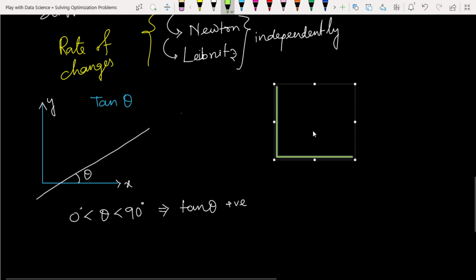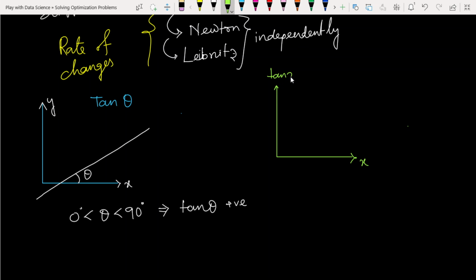If you just use the tan x picture, how does tan x look? Here let this be our 0-degree point and this our 90-degree point. Between 0 and 90 degrees the value takes this kind of shape. I think all of you know the plot of tan theta. At 90 degrees the value is infinity, it does not exist.